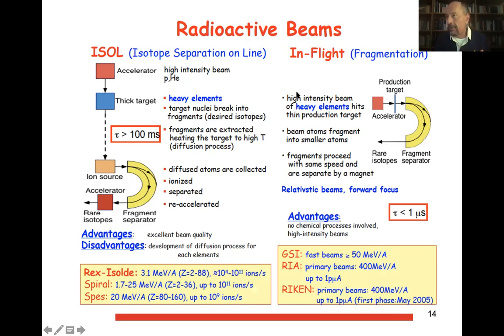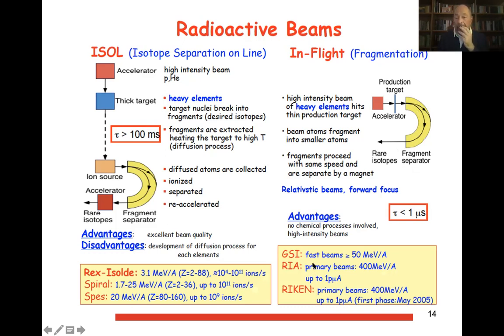In-flight is much simpler. It's what we do at GSI, for example, where essentially you shoot the stable beam on a target, and then you do the selection in flight. So now you have a beam of rare isotopes here. Of course, the advantage is that you have no chemical process involved. You can have high intensity beams, but the disadvantage is that it's a very expensive system, because you need a very intense primary source, and you need a complicated accelerator.